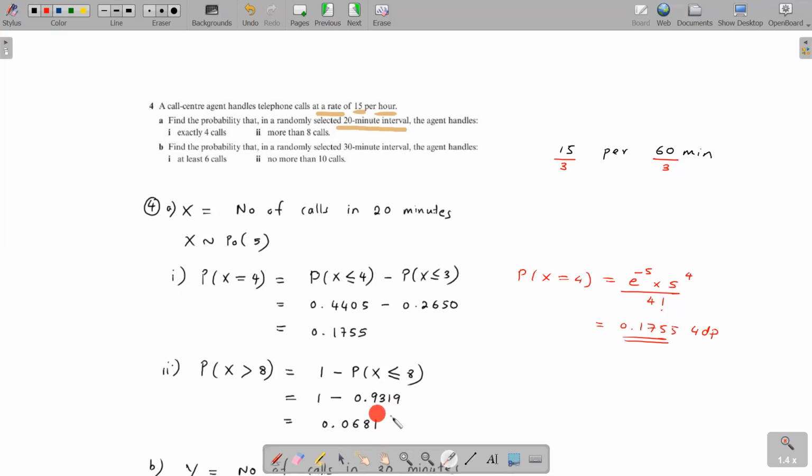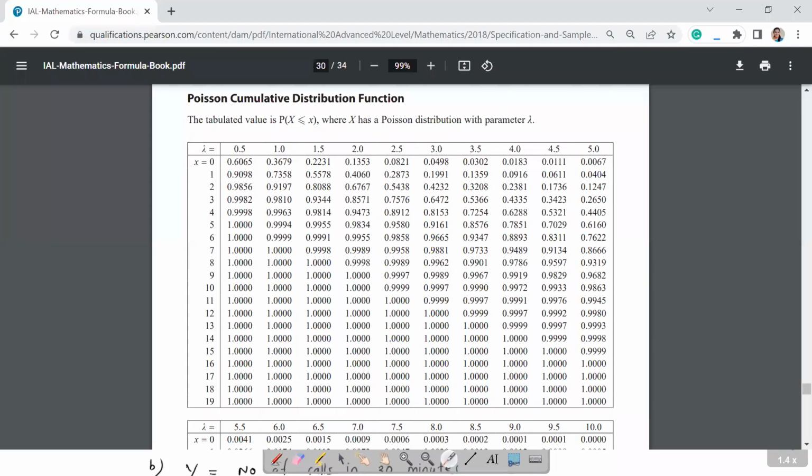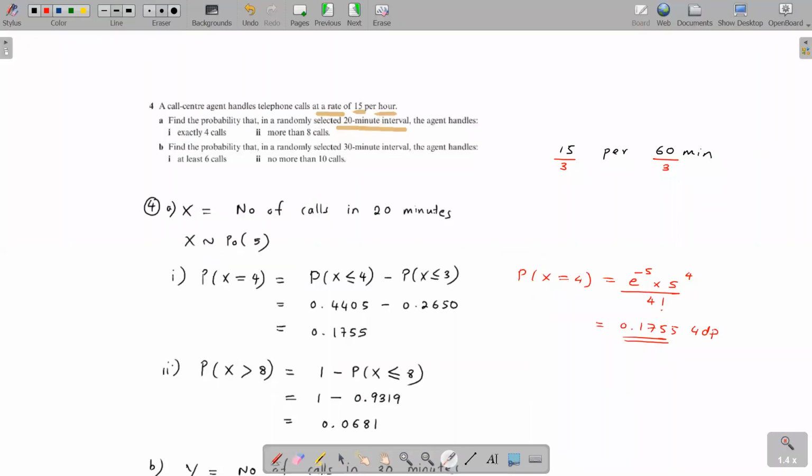So I showed you guys how to use this table, right? If I show you just quickly, lambda value is 5, sample x value is 8. So you can see here 0.9319. This value you can get from the table.